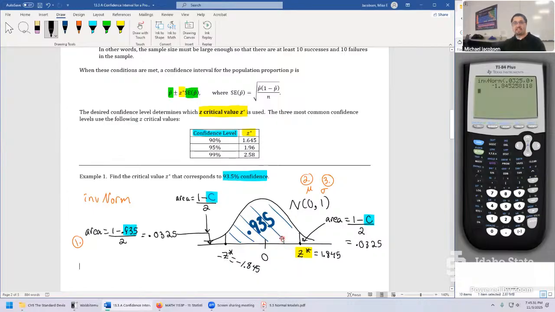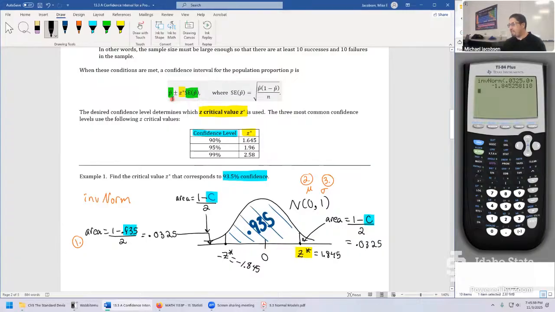So for some people's calculators, you can either use central value, 0.935, or right tail value, 0.0325, which would give you the positive. Everyone else's calculators like these give you the negative values. But you have to wonder, does negative matter? Because right there in the formula, you're using both positive and negative z star at the same time. The positive value and the negative value both go right up in here.